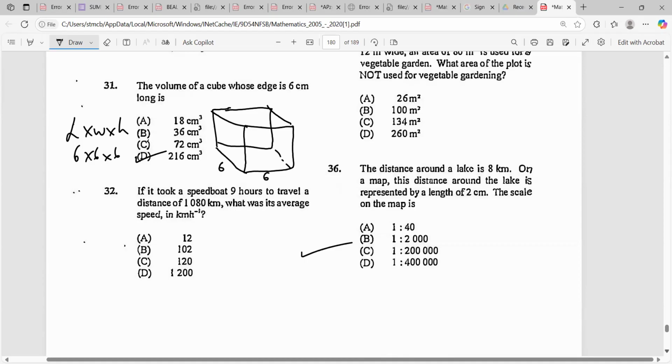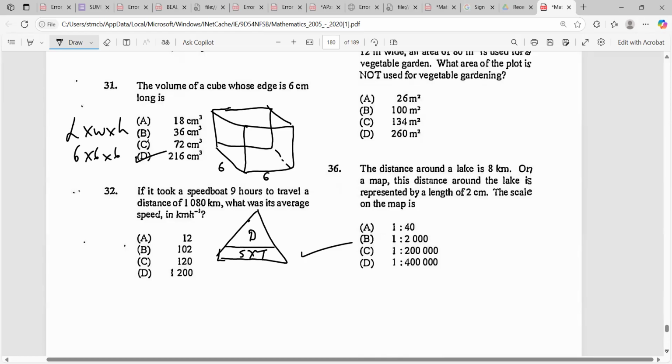Alright, if it took a speedboat 9 hours to travel a distance of 1,080 kilometers, what is the average speed in kilometers per hour? Physics people then. When it's a distance, that would be speed times time, right?